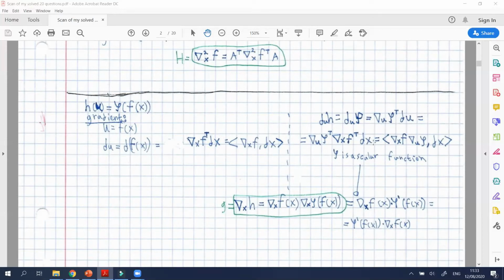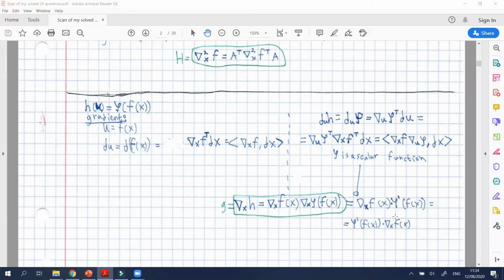And by using the external definition of the gradient, we just get that the gradient with respect to x of h is the gradient with respect to x of f(x), and gradient of phi of f(x), at point f(x), which we can write more comfortably since phi is a scalar function as just phi prime, as you can see right here.